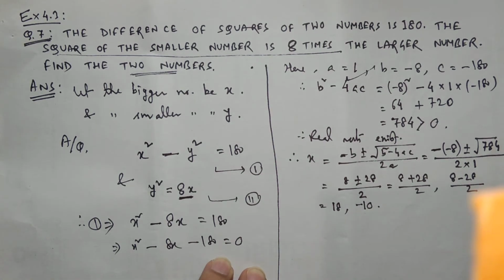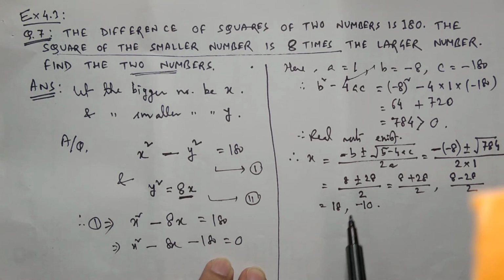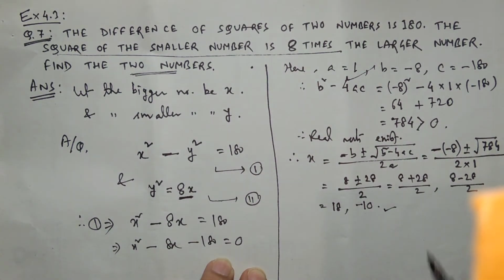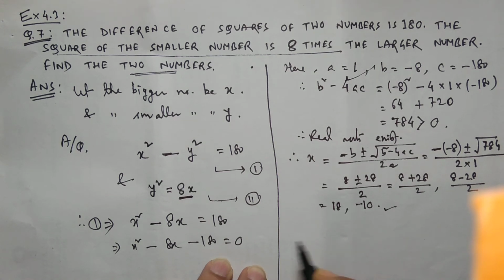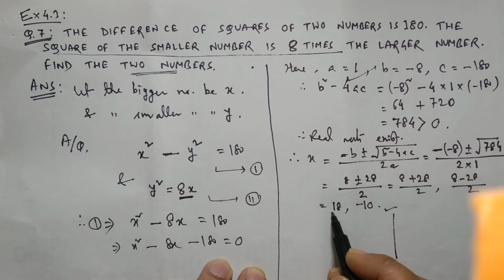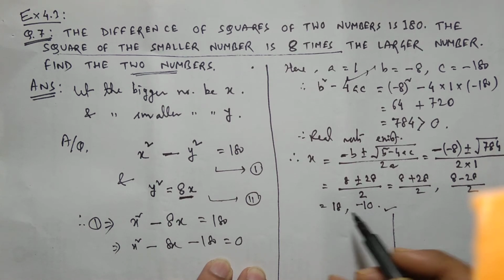Now you don't write this minus 10 as rejected right now, because we never know if this is the required number or not, since nowhere is it mentioned that the number is positive. Okay, now first of all we will take x equal to 18. Let's see what happens with the other number.